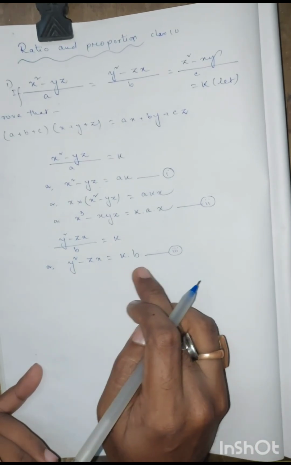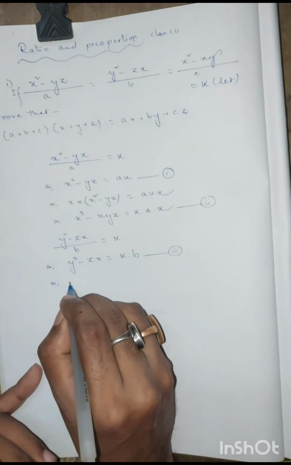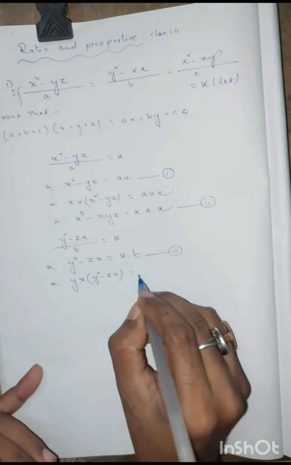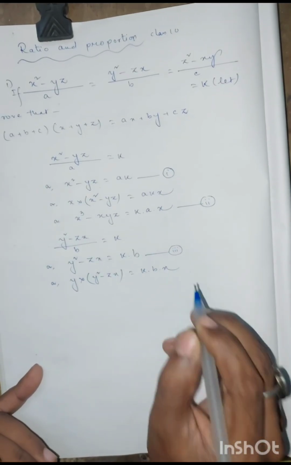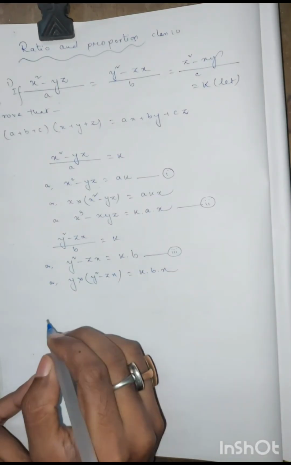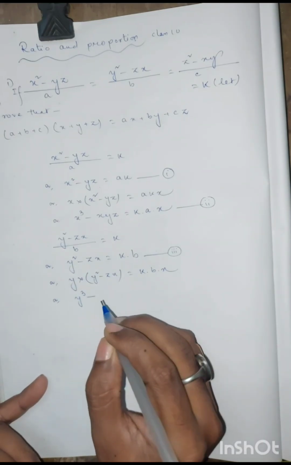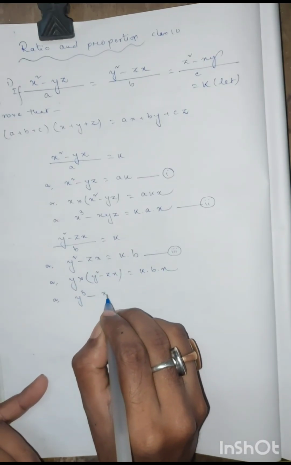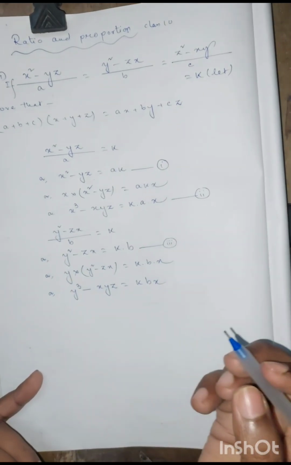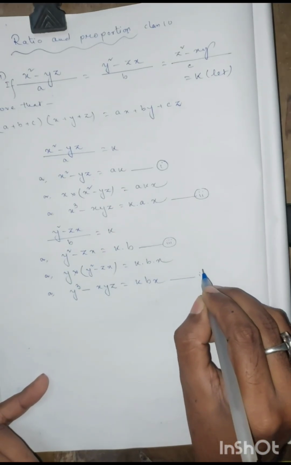Again, if we multiply both sides of this equation by y, we are getting y cube minus xyz is equal to k into b into y. Let us say this is our equation number 4.